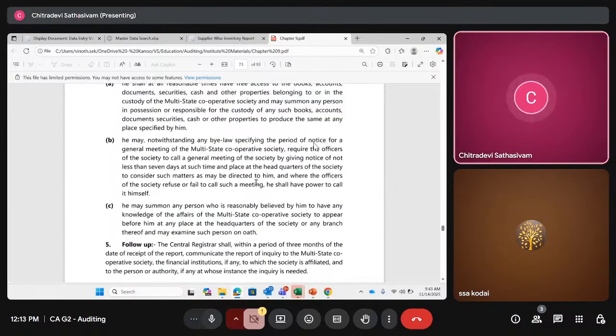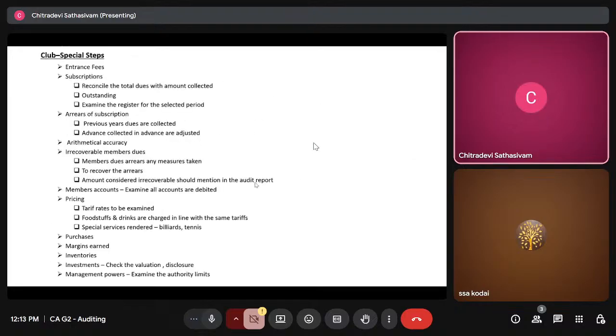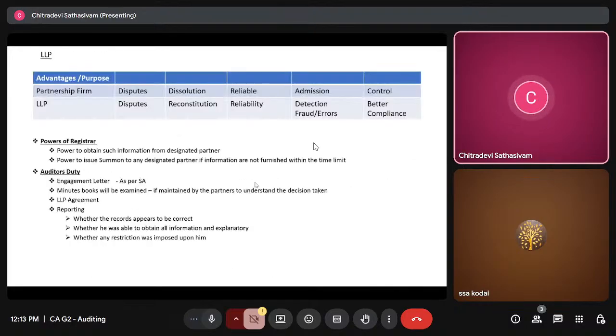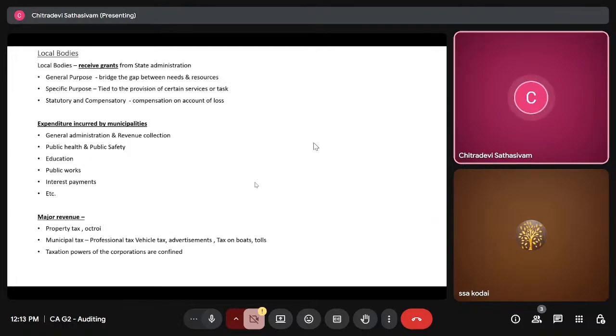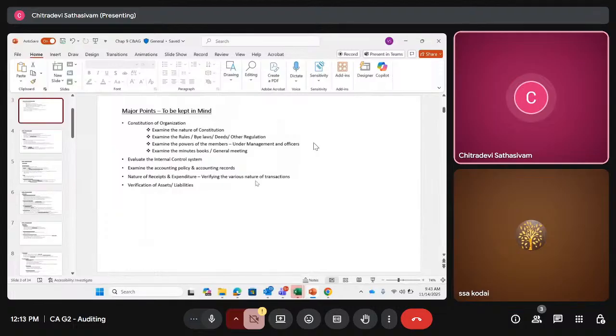This area and hire purchase and leasing might not be there in the PowerPoint presentation. The rest of this we have covered completely. You might have seen it. So go through this. I will share it with you right away.